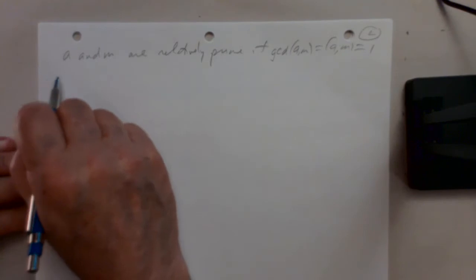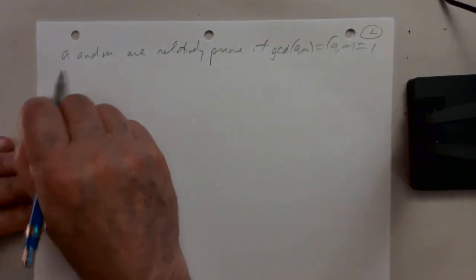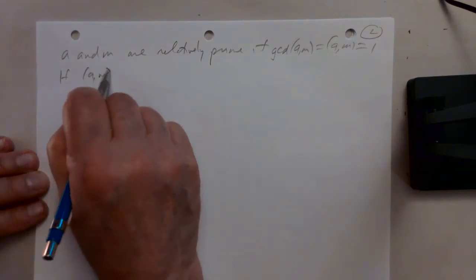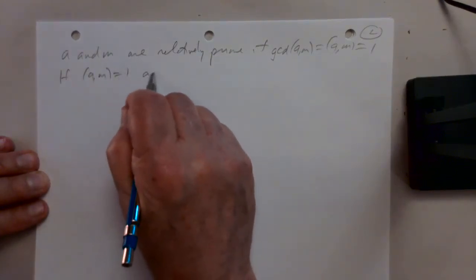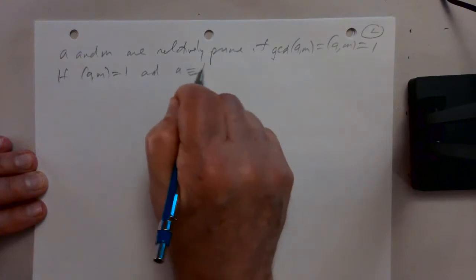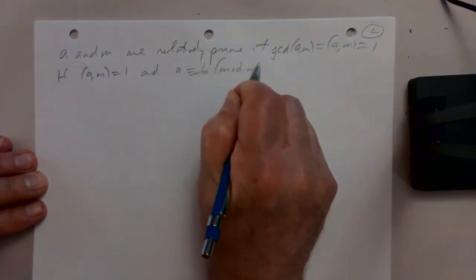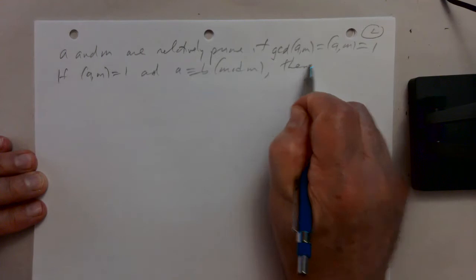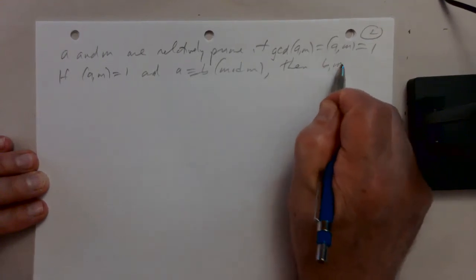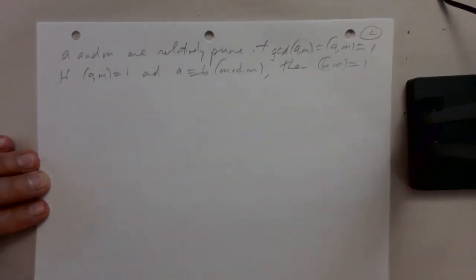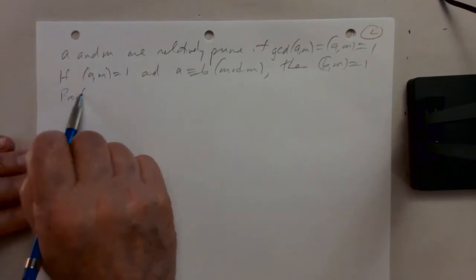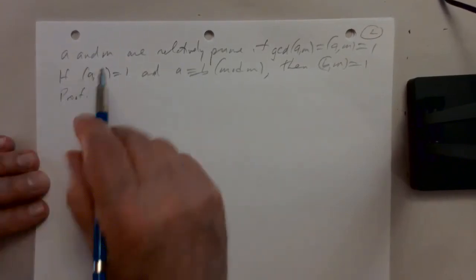And we can make the following observation. If a and m are relatively prime, and a is congruent to b mod m, then b and m are relatively prime.